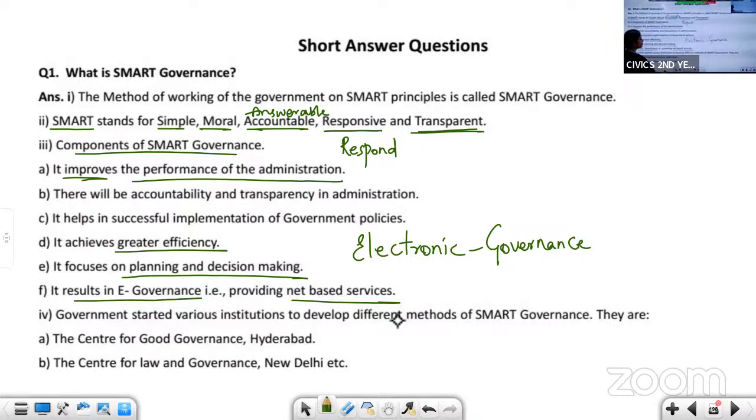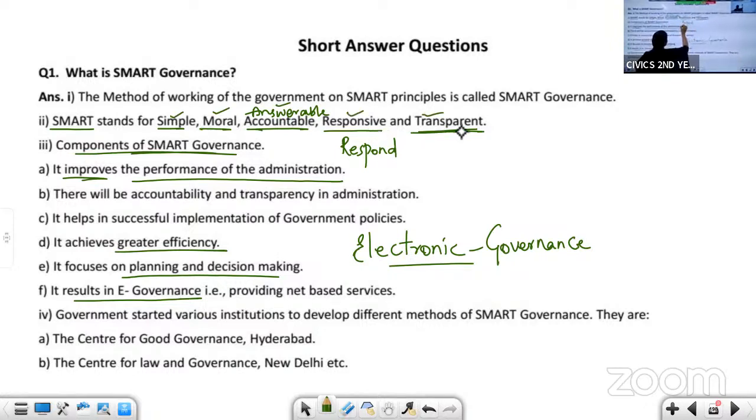But with electronic governance, with the use of internet-based services, sitting at our home also we can do the transactions. That has become easy for us with internet-based services.